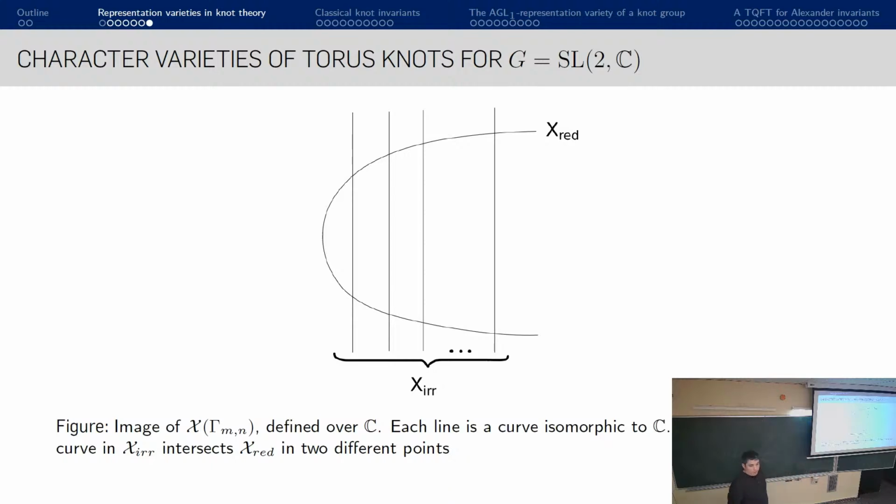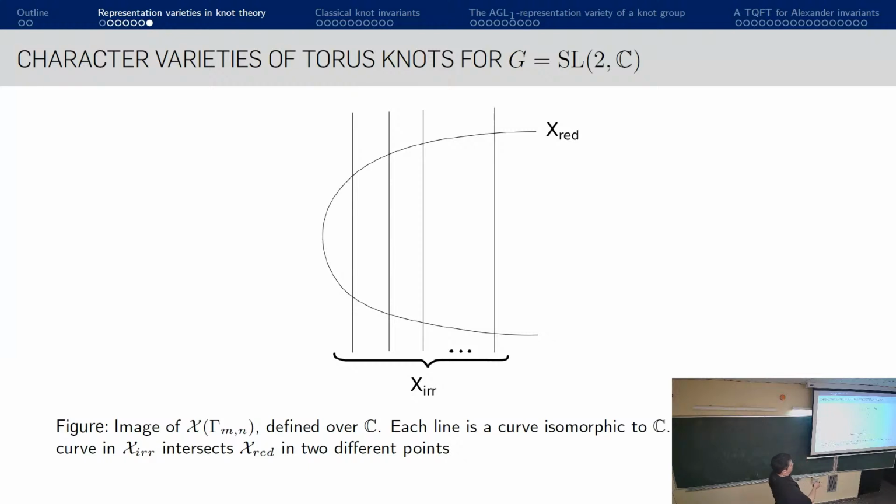In this case, it's simple, but even in the simple case, you can check that it's not irreducible. You've got a bunch of components. There's terminology here. You've got reducible representations, which are representations such that all the matrices share a common eigenvector, so you can conjugate them to get upper triangular matrices, and then the irreducible locus is the other ones.